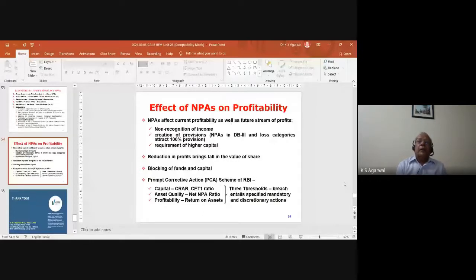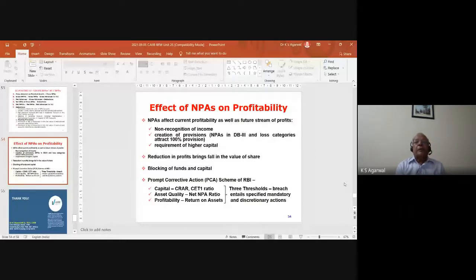For example, they can restrict that this particular bank will not open fresh branches. They cannot pay salary beyond this limit to directors. They cannot undertake new lines of business. So there are many types of restrictions which the RBI imposes if a bank reaches some threshold, three thresholds in capital, asset quality, and profitability.